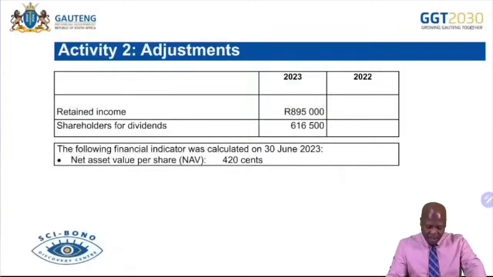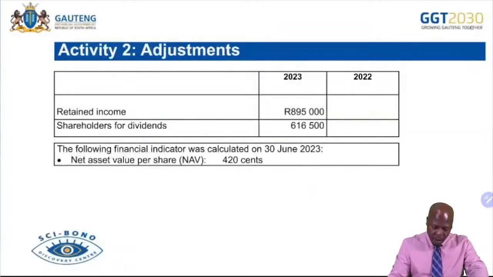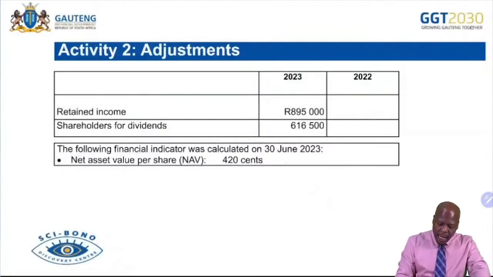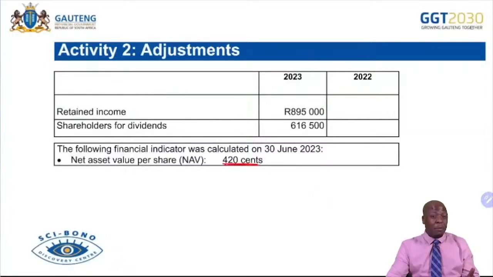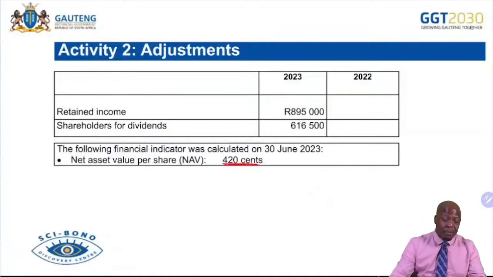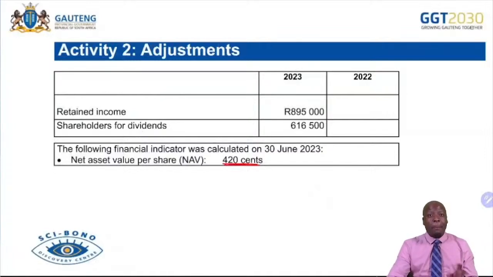In the next adjustment, it then says, the following financial indicator was calculated on 30 June, the NAV of 420 cents. We understand that when you are preparing the statement of financial position and you're given the NAV and you want to get your shareholders' equity, you must get the number of shares.